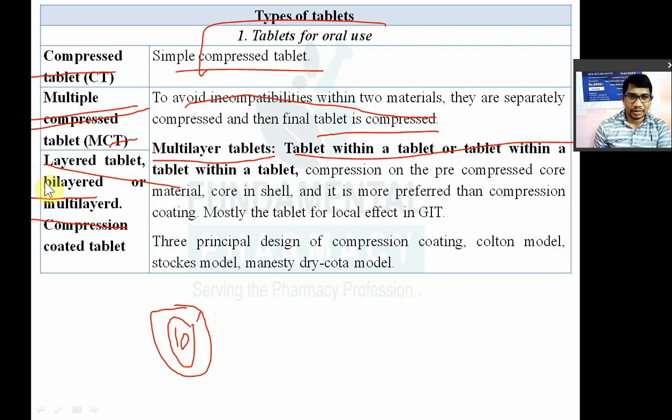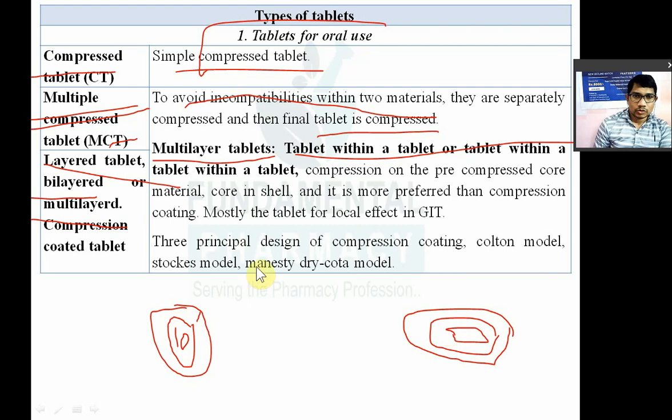So multi-layer tablet, tablet within a tablet, okay, tablet within a tablet is a bilayer tablet, tablet within a tablet within a tablet means tri-layer tablet. Now compression on pre-compressed core material, जो भी मेन core material है, और एक मटेरियल कॉम्प्रेस करो, उसके ऊपर और एक मटेरियल कॉम्प्रेस करो, दैट इज नोन एज अ tablet within a tablet within a tablet. So compression on pre-compressed tablet or pre-compressed core material, it is more preferred than compression coating.